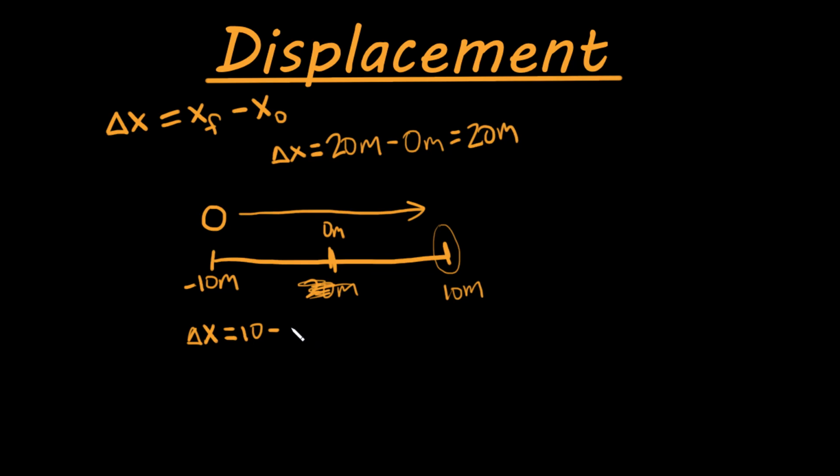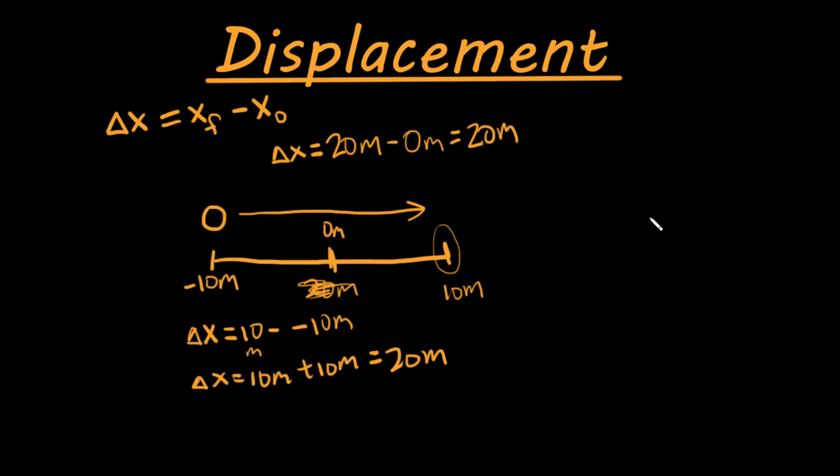Our initial position is negative 10 meters. So another way of writing minus negative 10 would be to add it. So change in x is equal to 10 meters plus 10 meters. And once again, we see our answer is 20 meters. Because our total displacement from the ball went from here to here, it was 20 meters, regardless of where we set our origin. And now let's do one more quick example.